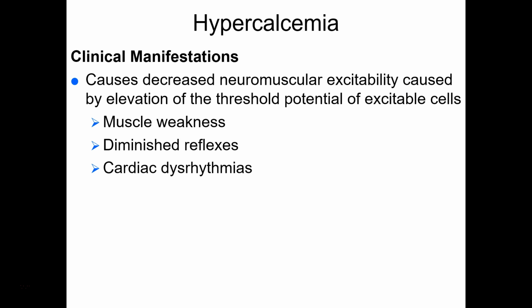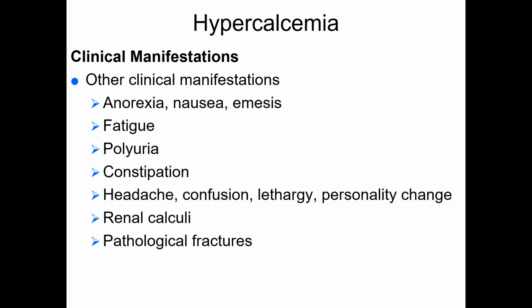But here now, with too high a calcium level, it actually causes muscle weakness. Low calcium causes muscle spasm. High calcium causes muscle weakness, problems with reflexes and things like that as well. So it goes through and gives you the manifestations to compare those as well.